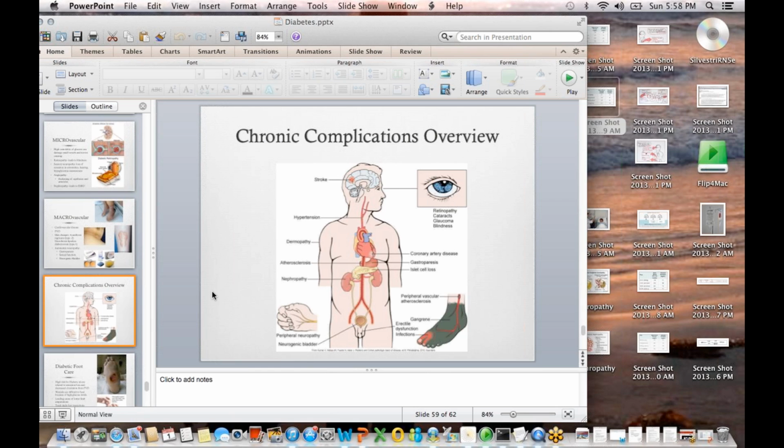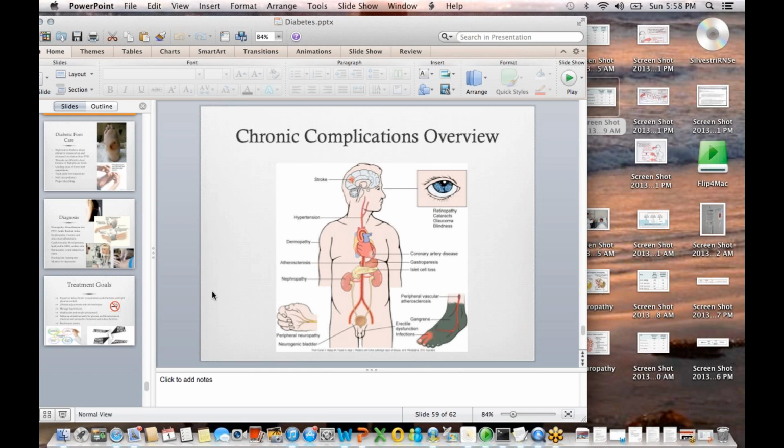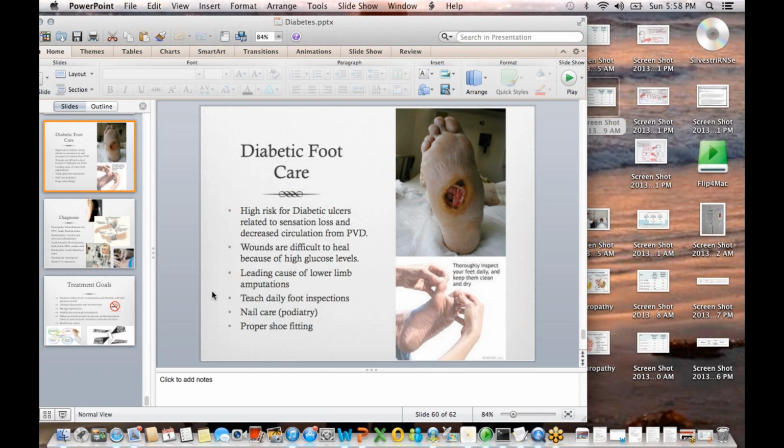Yes, neuropathy, sensory neuropathy in the extremities, and they can have hypoglycemia unawareness because they don't sense the low blood sugar. Okay, this is just the overview. It's kind of like a total body problem: stroke, hypertension, skin problems, neuropathy, nephropathy, erectile dysfunction, peripheral vascular disease, coronary artery disease.